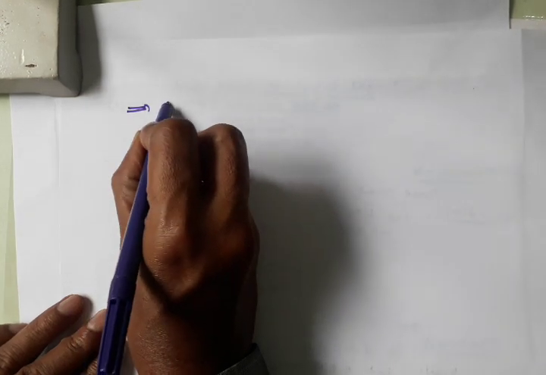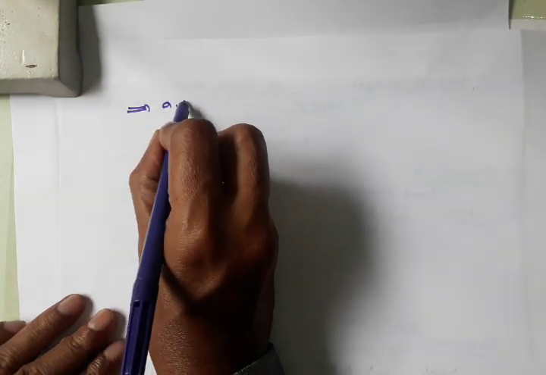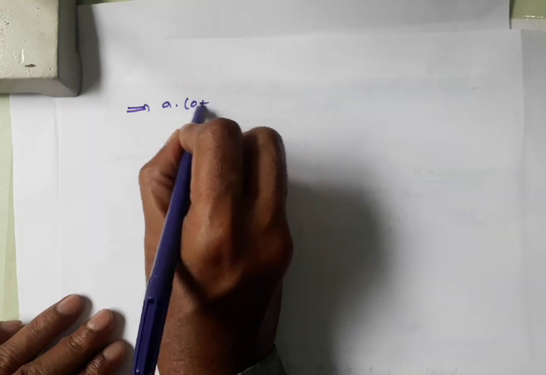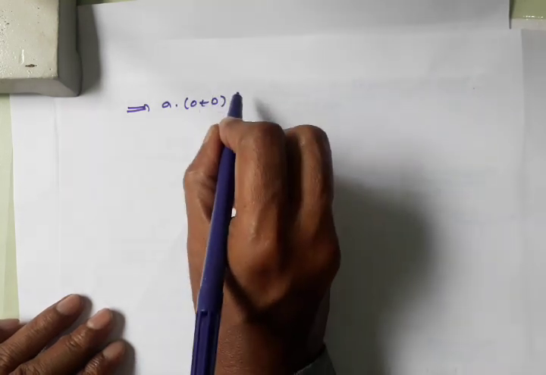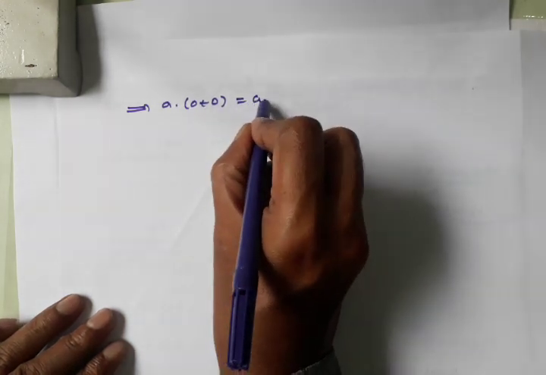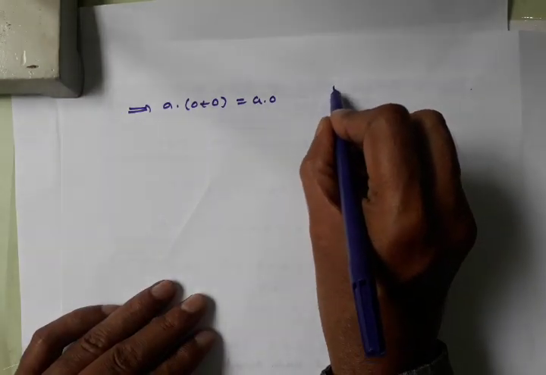That implies, multiply with a on both sides: a into 0 plus 0 is equal to a into 0.